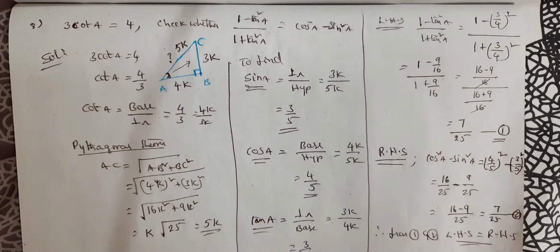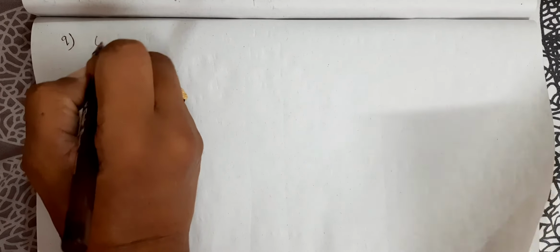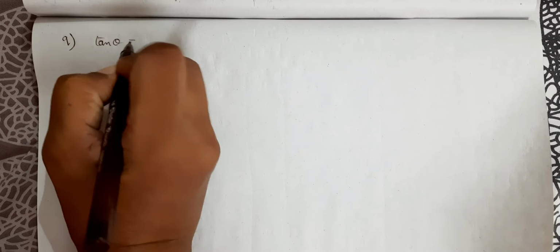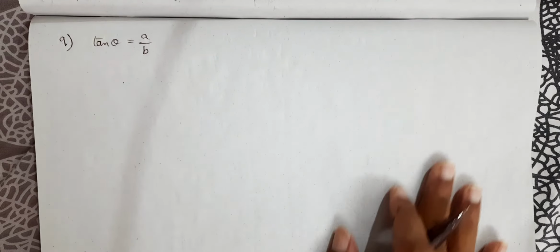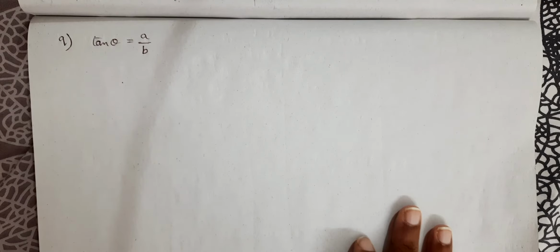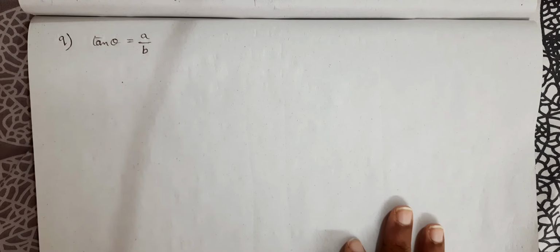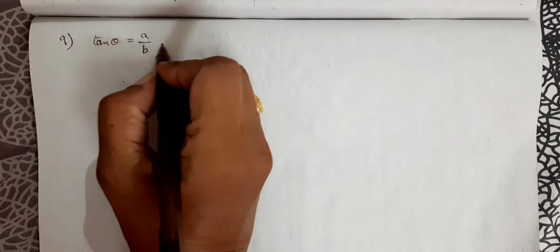Now the ninth problem, right? So the problem reads like this. If tan theta is equal to a by b, so the problem is in variables, or like you say, in alphabets, not in digits, not in numbers. So tan theta is equal to a by b is given.